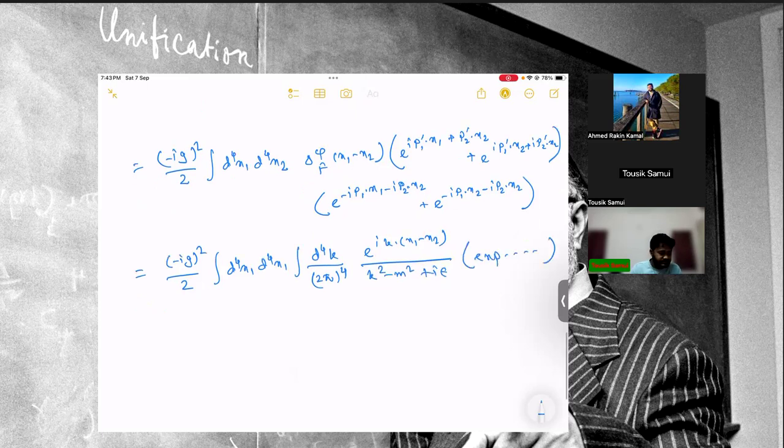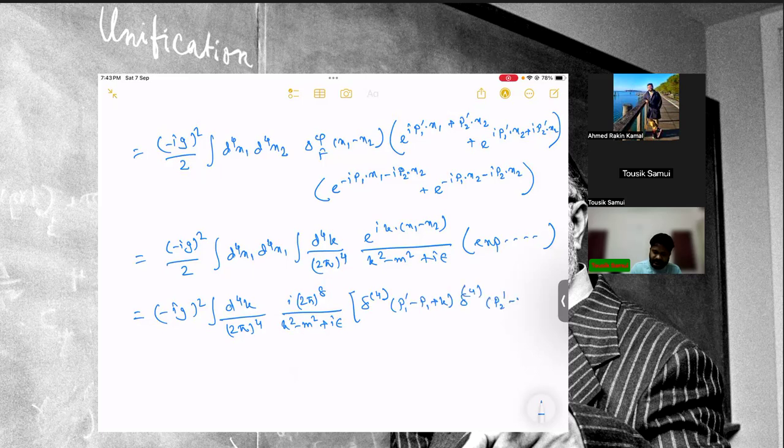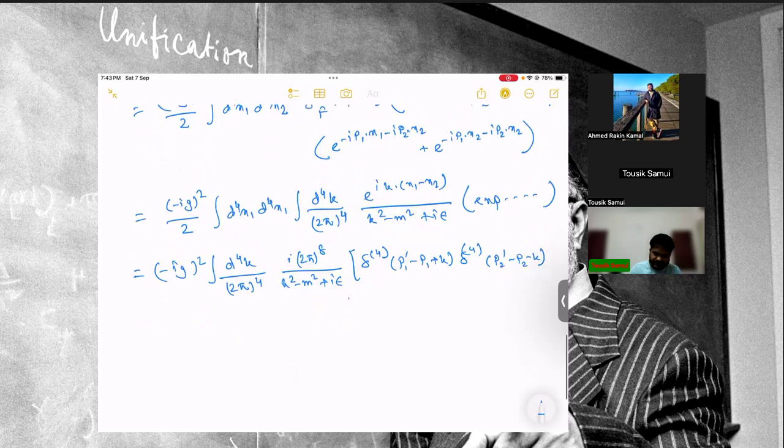Now if we integrate over the x1 and x2 variables, the factor of 2 will go away, and we'll finally get d^4k over (2π)^4, and it will be delta 4 of p1′ minus p1, a 4-vector delta, and p2′ minus p2. Please do this exercise to see.